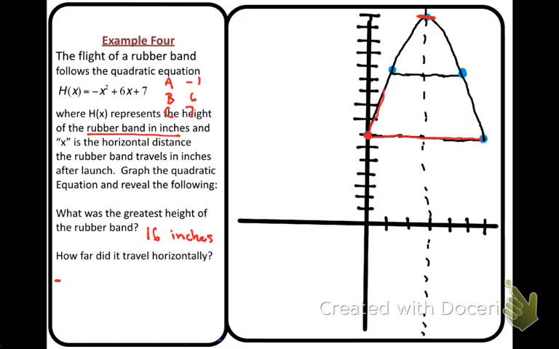I mean, it traveled going this way and then coming back down, but horizontally, it traveled 1, 2, 3, 4, 5, 6 inches across, and I believe we're assuming that this is where it hits the ground again, right? Because if it's launched from the ground and then hits the ground, and I'll have to double check that with the book. So how far did it travel horizontally? And we're talking about inches again, so it's 6 inches.